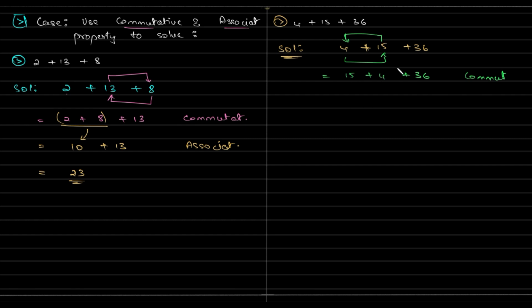And now I'll add 4 and 36. Right? And finally we have 55 as your answer. So being smart over here is what is required.